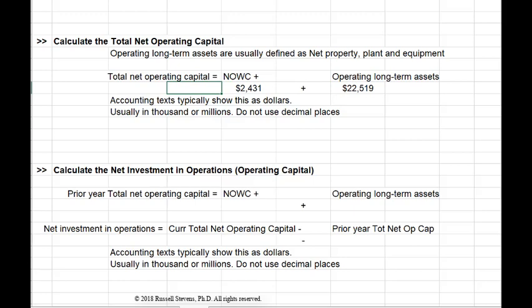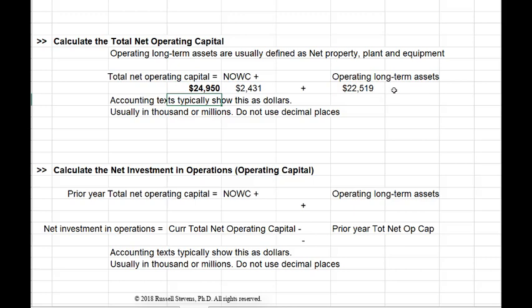To calculate the total, enter into the total workbook cell an equal sign, highlight the 2431, enter a plus, highlight the 22519, and press Enter.